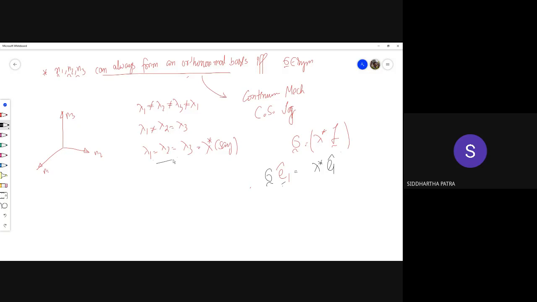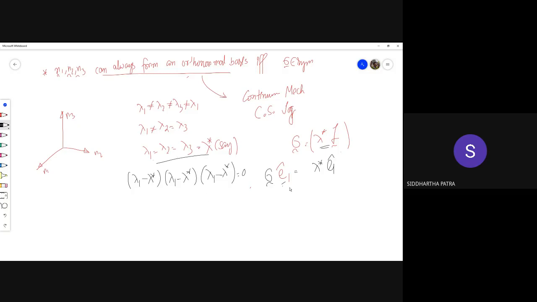You see, in order to have this situation, the characteristic equation must be (lambda 1 minus lambda star) cubed. It's a cubic equation, right? The only way that is possible is if the symmetric tensor is something like this.